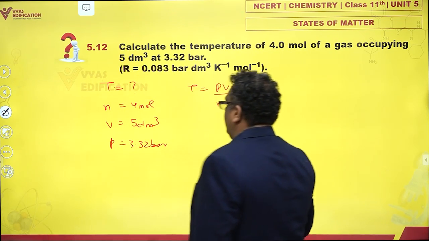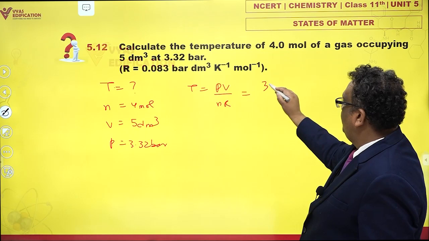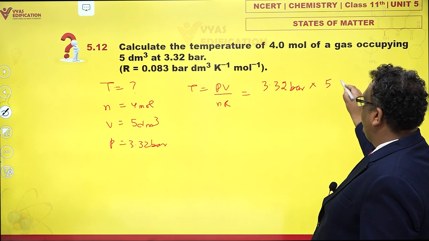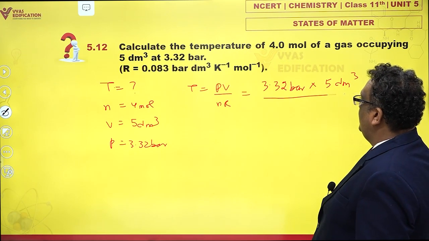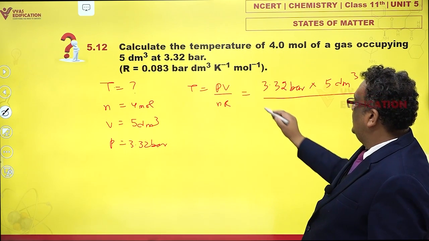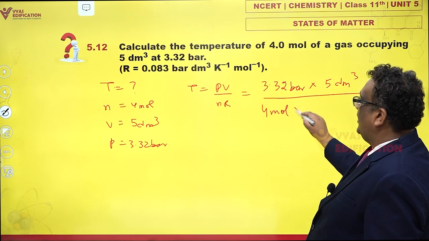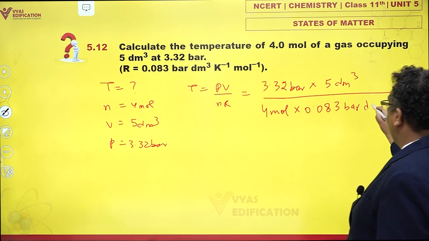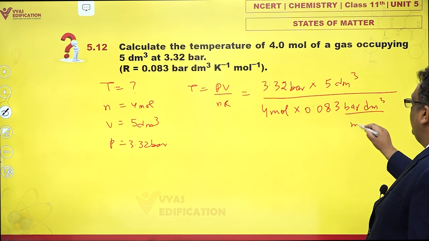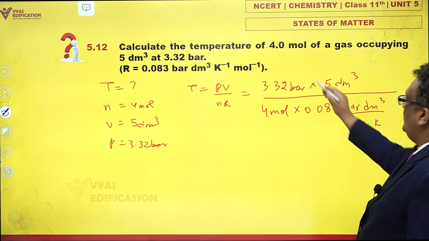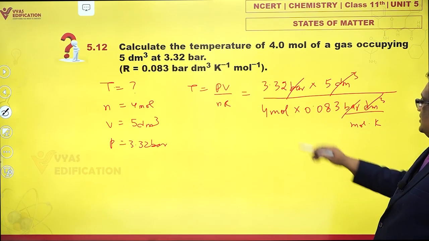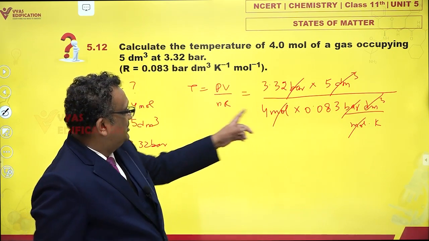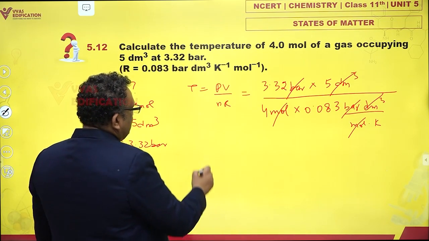Pressure is 3.32 bars, volume is 5 decimeter cube, moles is 4 moles, and R is 0.083 bar decimeter cube per mole Kelvin. Bar and decimeter cube cancel away, mole cancels away. You must substitute with units so that you don't go wrong in such questions.